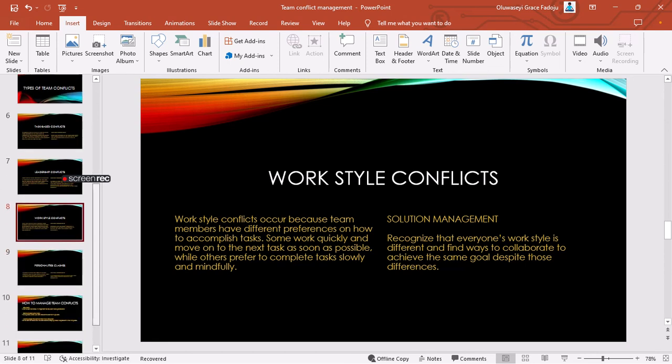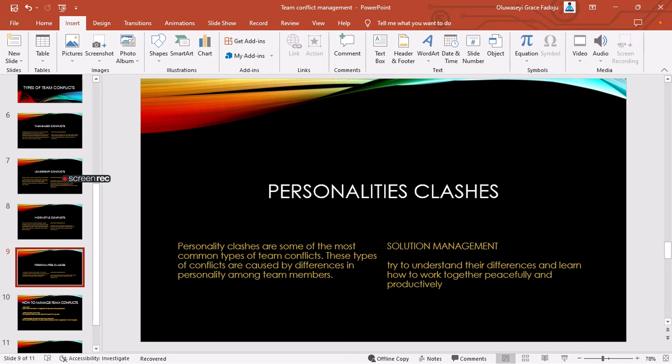All right. So the last type of team conflict here is personality clashes. Personalities are always different. We cannot have the same personality, and this will cause conflict if we are not careful about how to manage it. We have different moral understanding, we have different ways of doing things, and there's no way this will not come into the work we do.